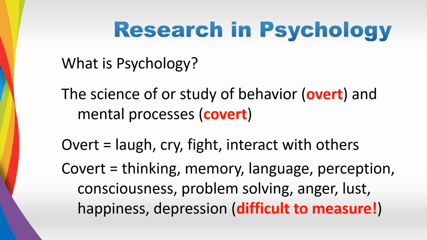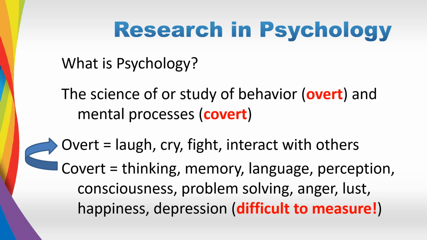So what we do in research then is we try to take those covert behaviors and we try to turn them into overt things that we can measure. So one example of that would be memory. How do we know that people remember things? We can't really go into their brain to see, but we can maybe give them a test, give them a list of words, and see how many they remember.